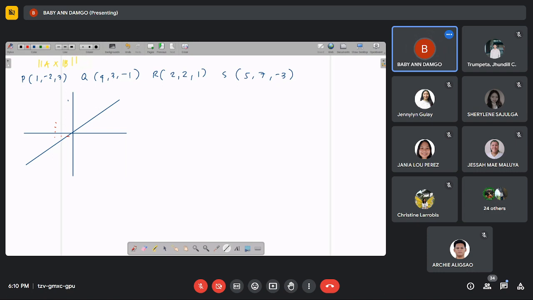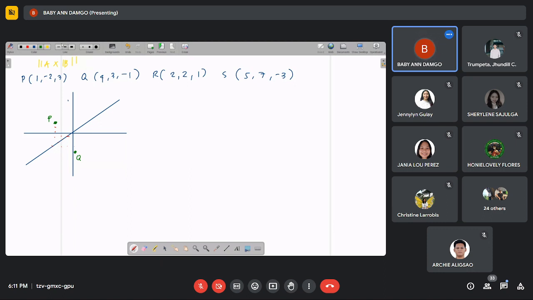So we have this point. Okay, this is the point P. And then for Q, we have 4, then 3, and then 1. Okay, so this is Q.